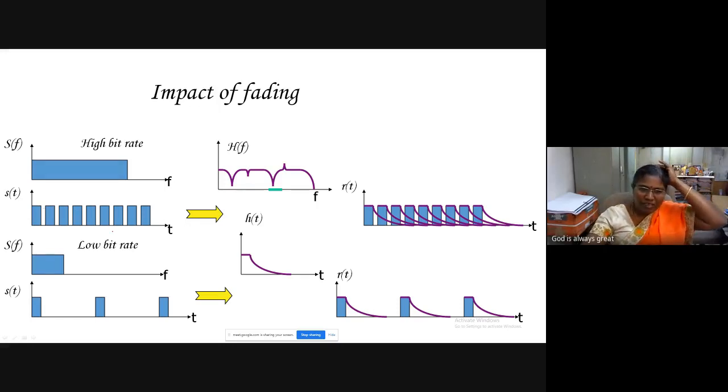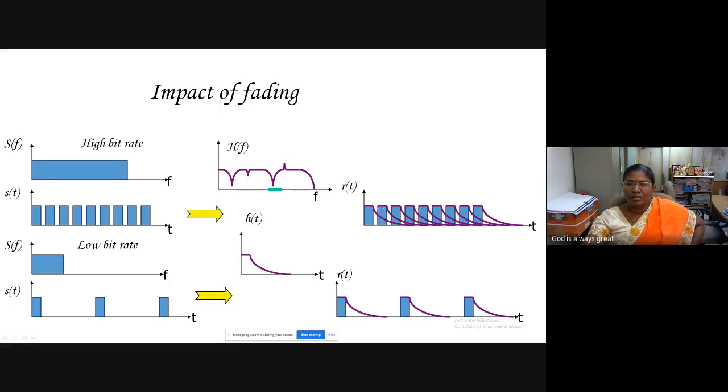When this S of T is transmitted over the impulse response of a channel whose response is like this, what you get as a resultant is every symbol delay spreaded, and naturally these delay spreaded signals will interfere with the adjacent symbols and create inter-symbol interference.